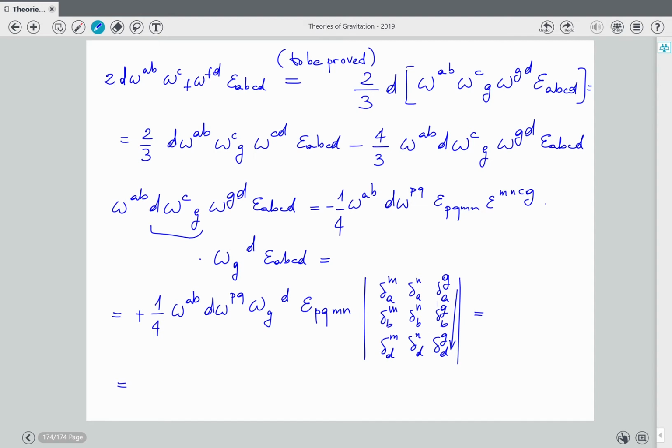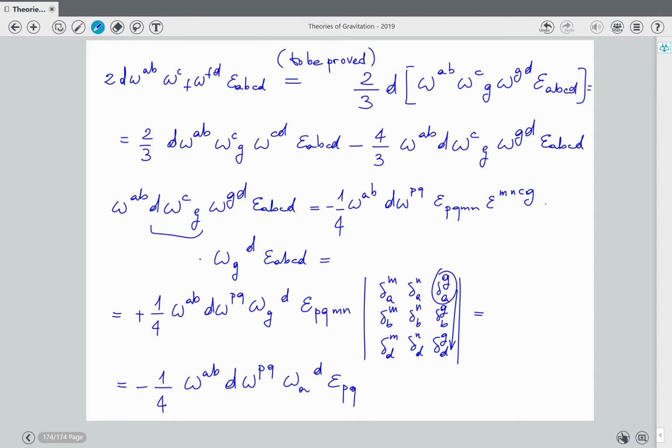So delta AG is the first one, it's the third column, so we have minus 1 over 4 omega AB d omega PQ delta AG, which means A here, d epsilon PQ.